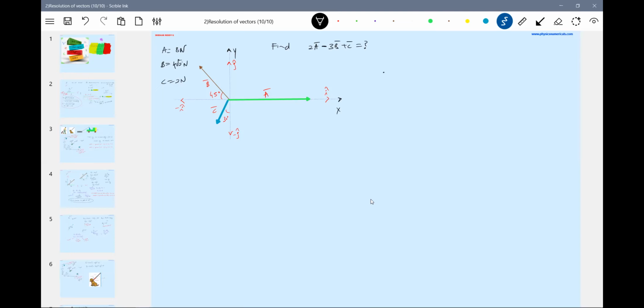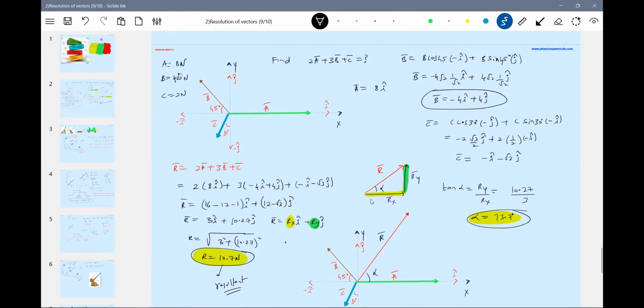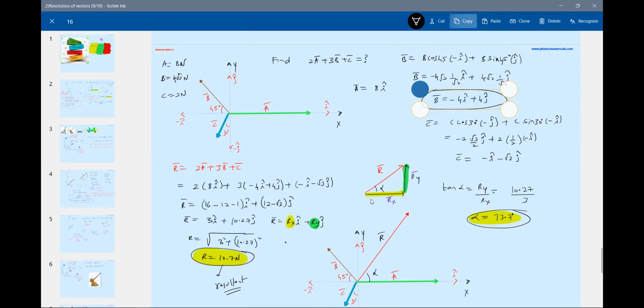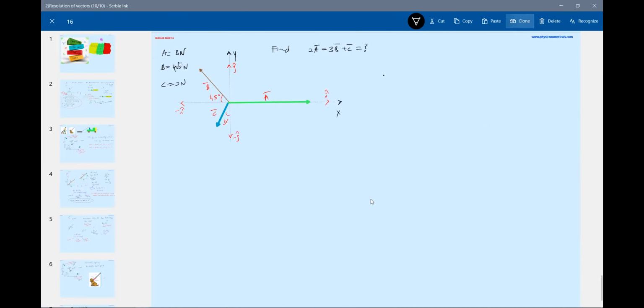Already we know A bar, B bar, C bar. The same idea, no? Directly we'll go for the resultant. Do we know A bar? What we struggled to get, all these equations, I'll take help of. B bar, we know it. I'll just paste it, the previous problem data.